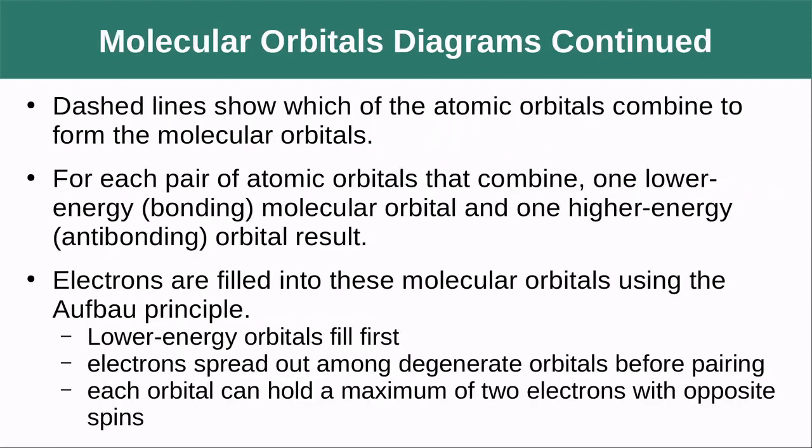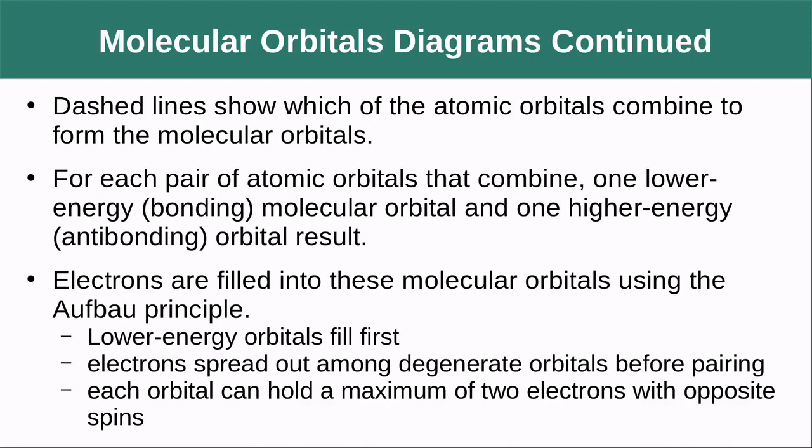We use dashed lines to show which of the atomic orbitals combine to form the molecular orbitals. For each pair of atomic orbitals that combine, one lower energy bonding molecular orbital and one higher energy antibonding molecular orbital result. Electrons are filled into these molecular orbitals using the Aufbau principle.